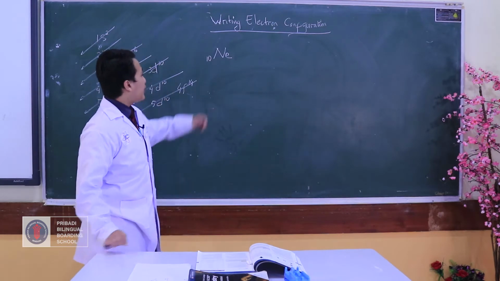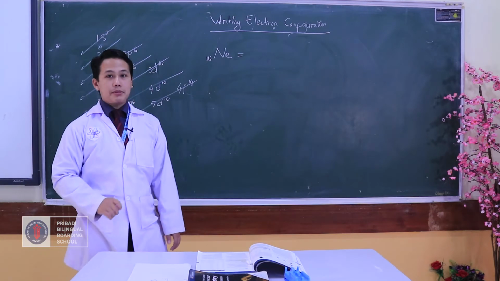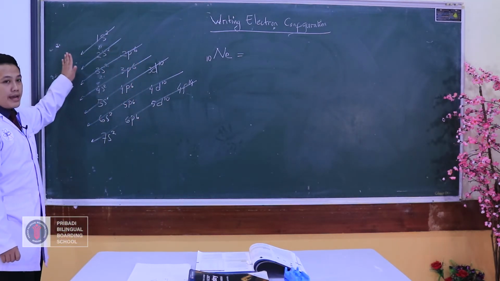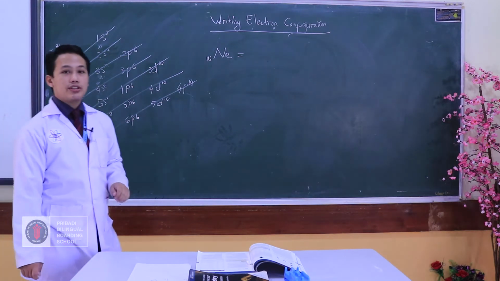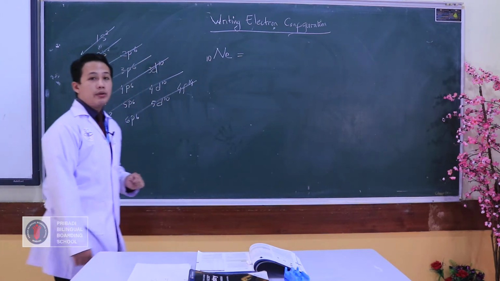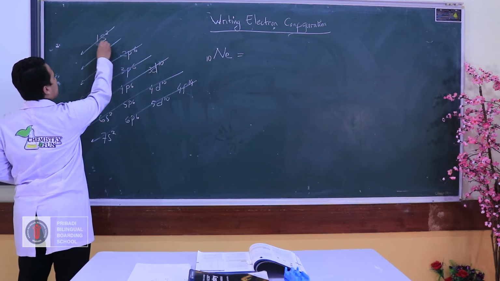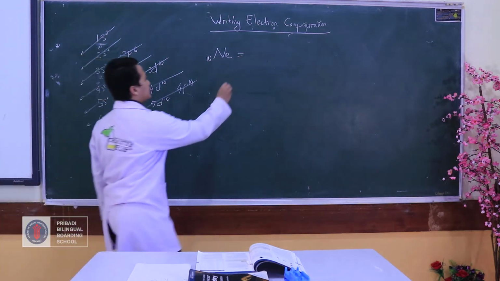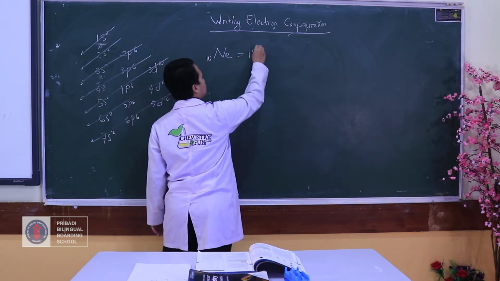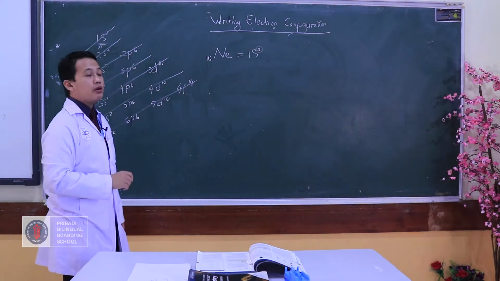Okay, so here I have neon, and it has atomic number 10. As you can see here, I already provide you a way to write the electron configuration, right? So here, 10Ne, or neon. How can we write the electron configuration? We need to start from this first, right? So 1s2. Here we have 2 electrons from 10 electrons. We have 8 more electrons.